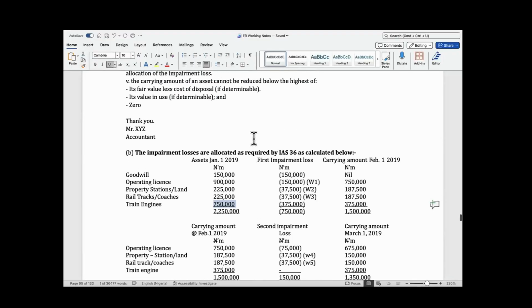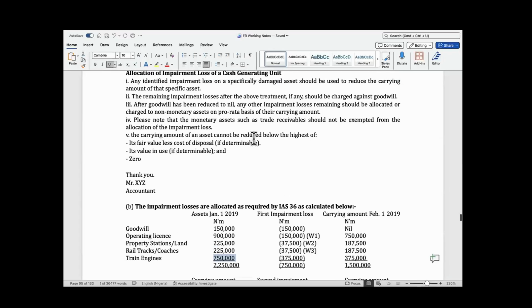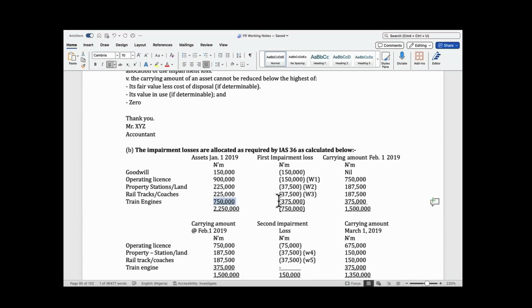Now, after you have allocated to that, every other asset, you then impair them on a pro rata basis, on a proportionate basis. So we have taken out 375 and 150 out of the 750 impairment loss we have. What's the remaining? Who can tell me what will be the remaining impairment loss to share among the remaining assets? Out of 750, we allocated 375 and 150.